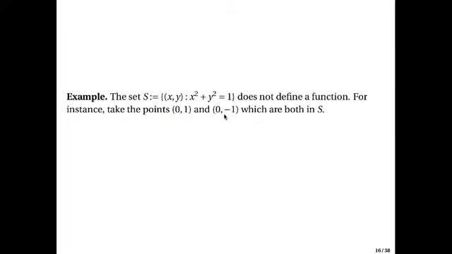So you have two ordered pairs which have the same x coordinate. 0 is partnered with 1, and 0 is also partnered with negative 1. So this is not a function. Question?